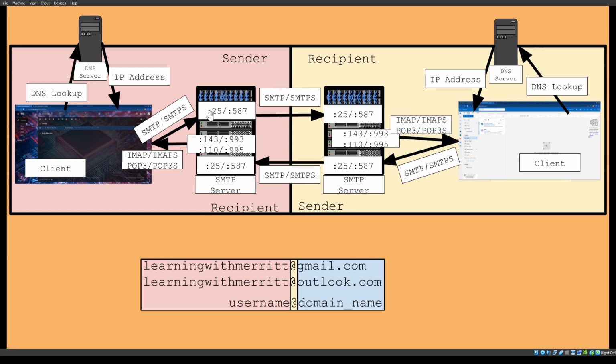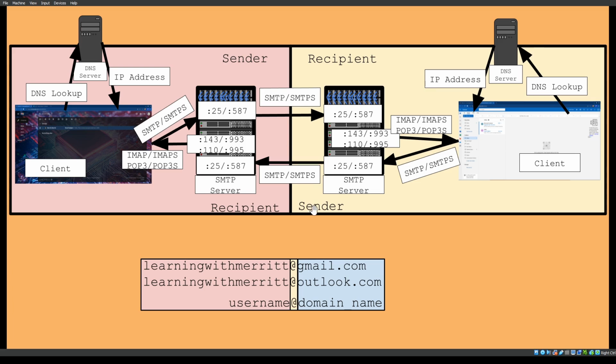Then that one will send to the correct SMTP server for the recipient using that IP address that we looked up. Of course, with SMTP and SMTPS, again, it will be stored on the recipient's server, and then when the client wants it, the client will ask for it, and with IMAP or POP3, it will receive that information.